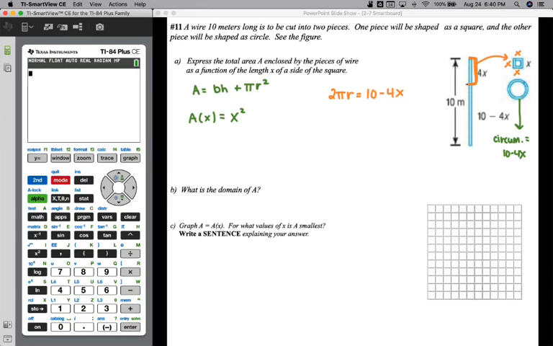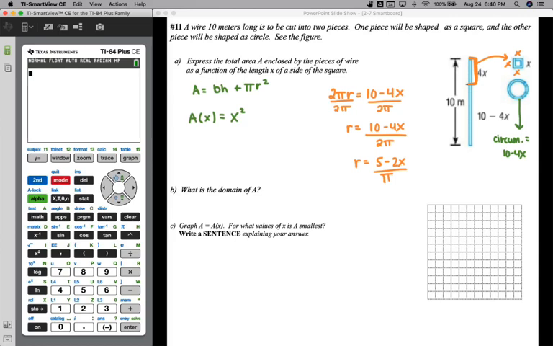What we're trying to do is get r in terms of x. I need to find a way to get r by itself and only in terms of x. So I'm just going to divide both sides by 2 pi, and then we've got r by itself. r is equal to 10 minus 4x over 2 pi. Now, always make sure that everything is simplified. I can take a 2 out of all those terms and end up with 5 minus 2x over pi. Now we have r in terms of x.